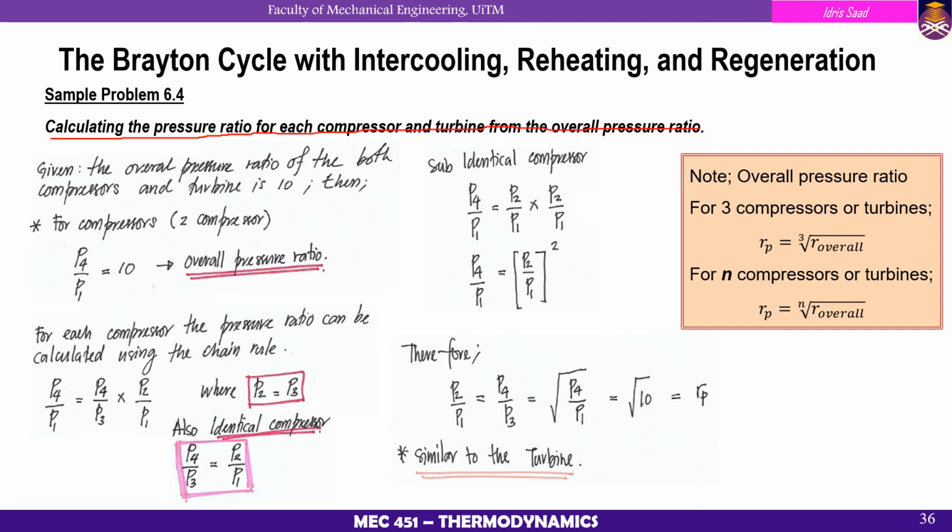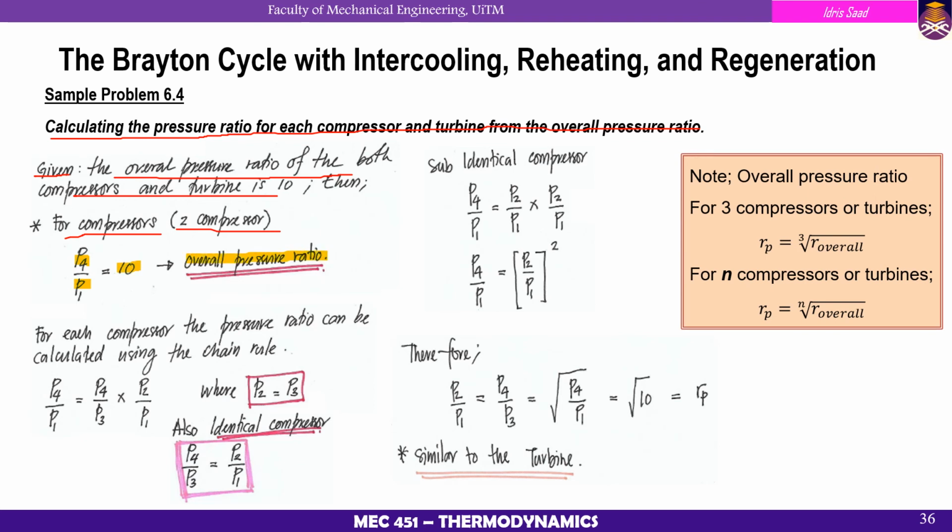The overall pressure ratio for both compressors and turbines is 10. For the compressors, we have two, so the overall pressure ratio is P4 over P1, which is equal to 10.